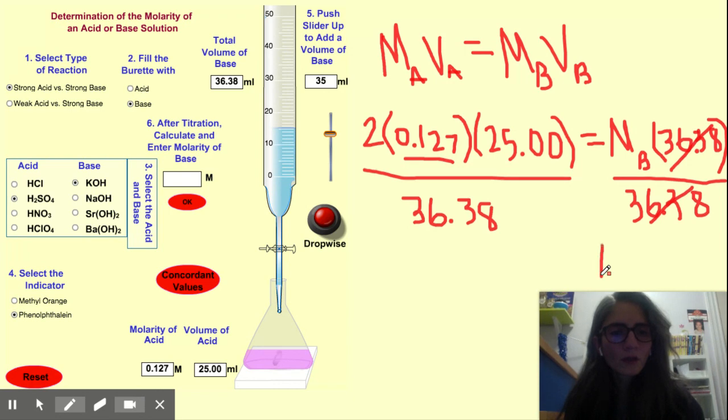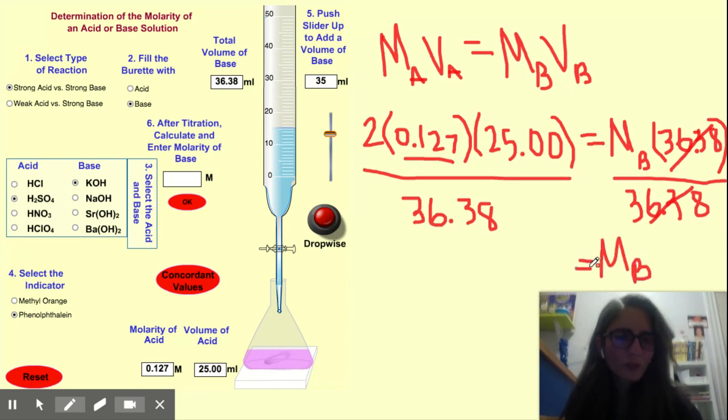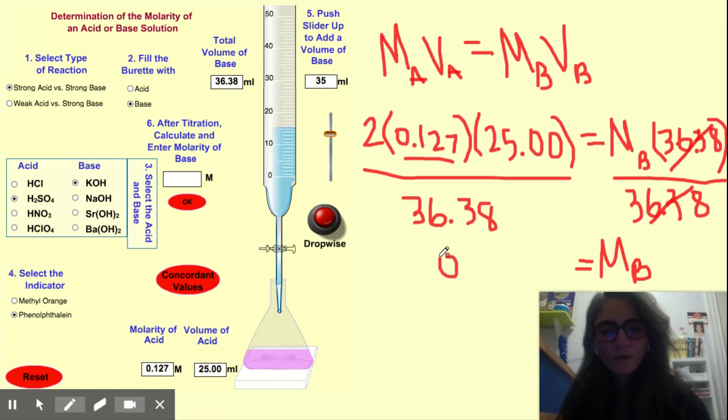when you are now doing your calculation, you grab your calculator, your phone. I'm grabbing my phone personally. So let's see. I have a 2, right? 2 times 0.127 times 25 equal to, and then I want to divide by 36.38, and that gave me, I'm going to write 3 decimal places, 0.174. I'm going to go with that.